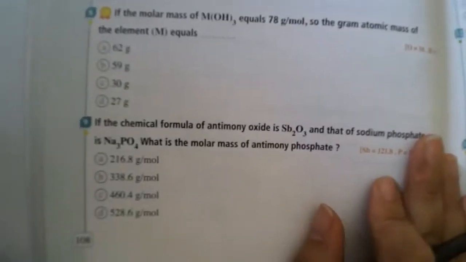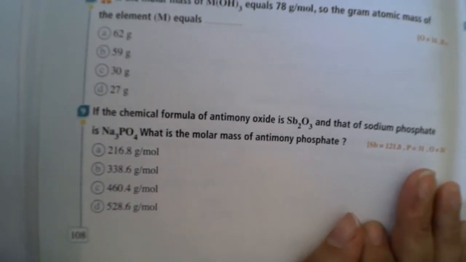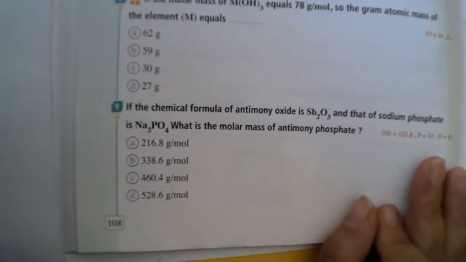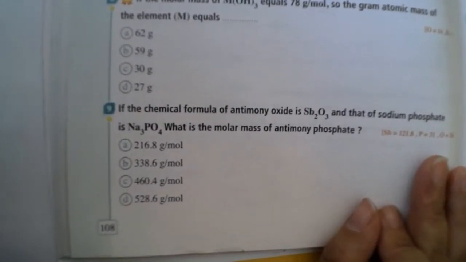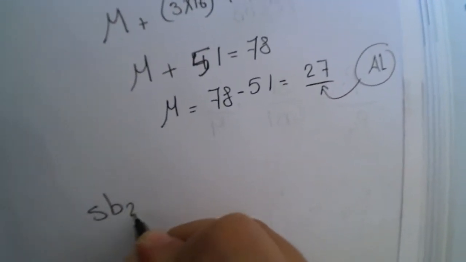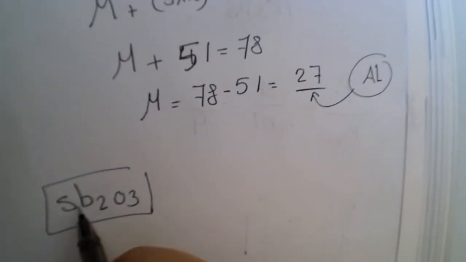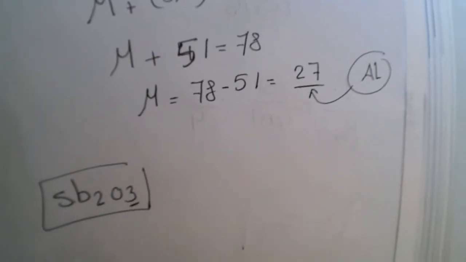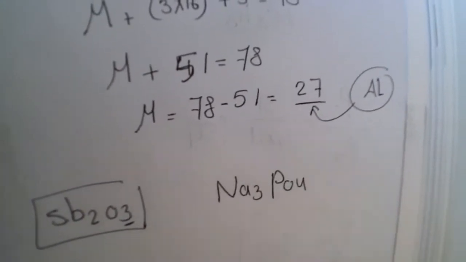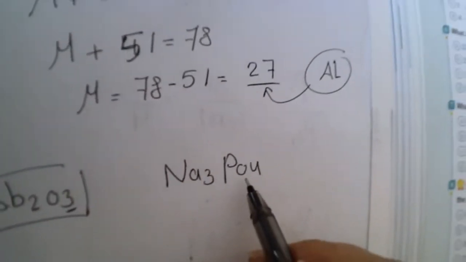If the chemical formula of the antimony oxide is Sb2O3 and that of the sodium phosphate is Na3PO4, what is the molar mass of the antimony phosphate? He gives you the formula Sb2O3 to understand that the antimony has a valency of 3. And the sodium phosphate is written like this because the sodium is monovalent and the phosphate is trivalent.